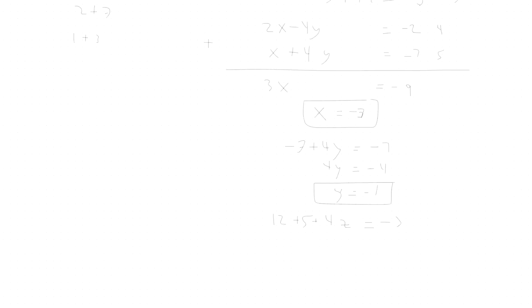Subtract 17 on both sides, so we get 4z equals, what's negative 3 minus 17? That's negative 20. And negative 20 divided by 4, how much?